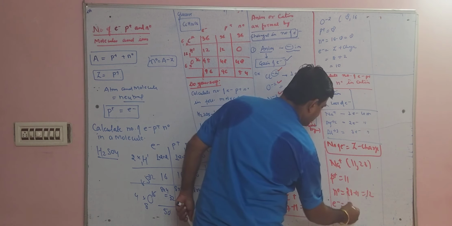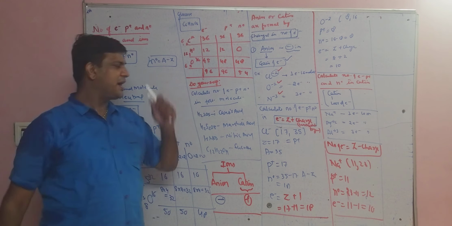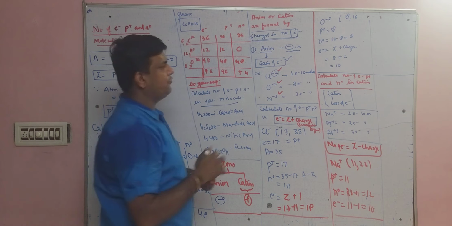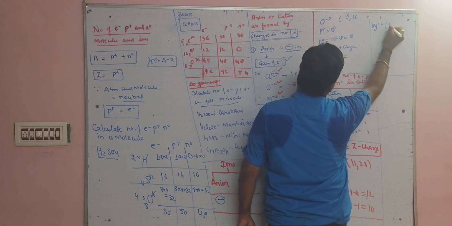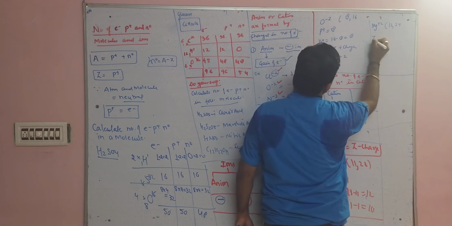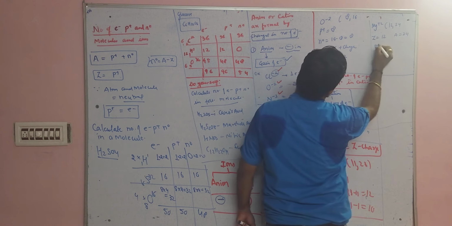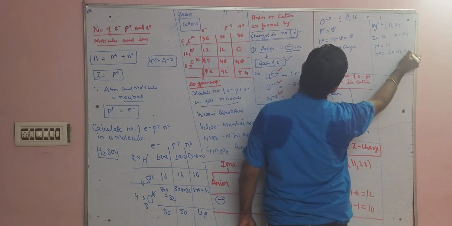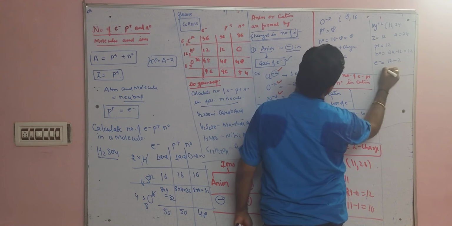What about electrons? 11 minus 1, that is 10. Why minus 1? Because Na plus has been given and it has lost one electron. If we take the example of magnesium plus 2, it's 12 and 24. Then Z is equal to 12, A is equal to 24. Protons are 12, neutrons are 24 minus 12, which is 12. Electrons, 12 minus 2, that is 10.